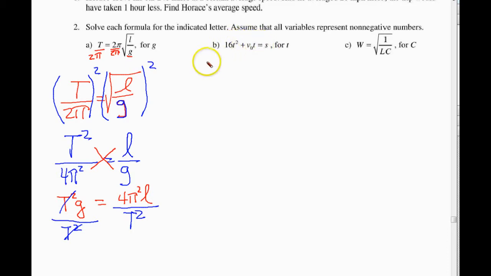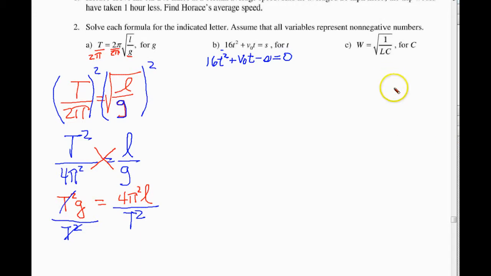And the answer is the quadratic formula, which I will now put in standard form. So this is going to be 16t squared plus V sub O, that's initial velocity, times t, minus s equals 0.